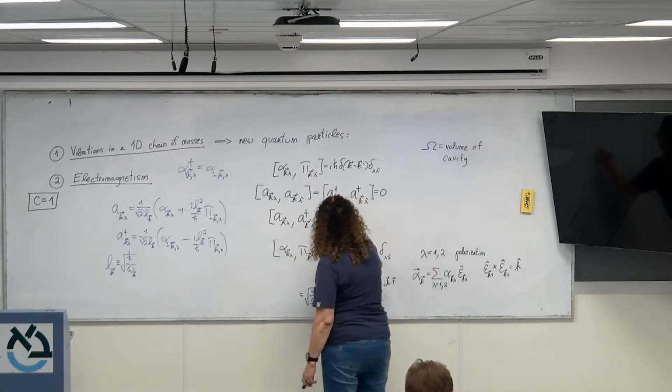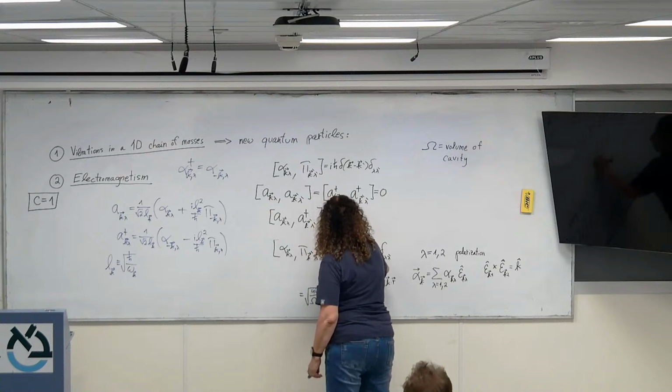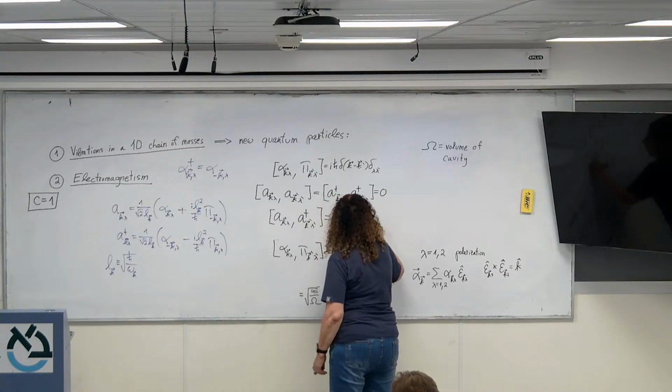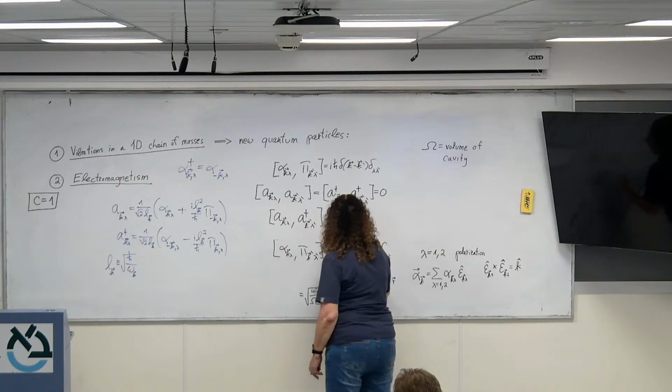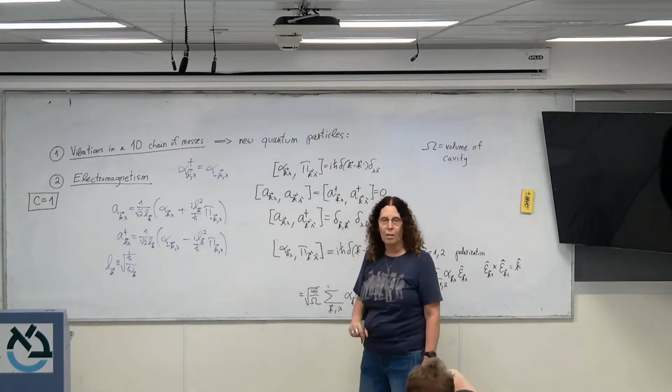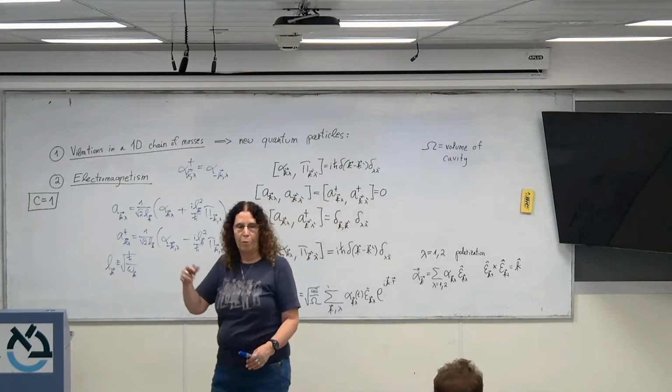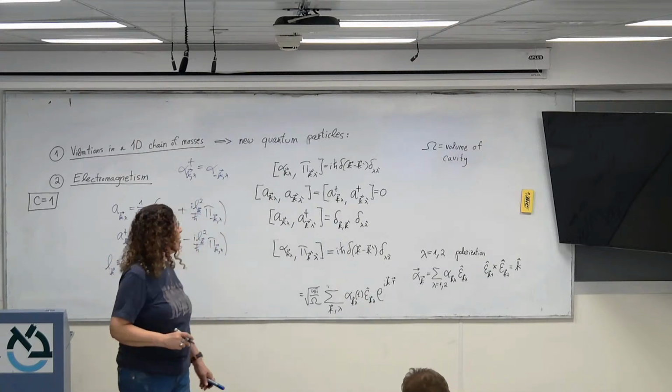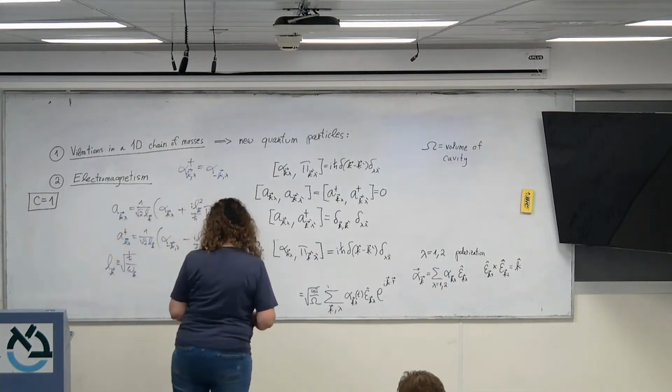So this is actually delta of K, K prime and delta of lambda, lambda prime. And let's for now assume that the K's are discrete, so we can define separate modes, and everything appears as a sum and not an integral.